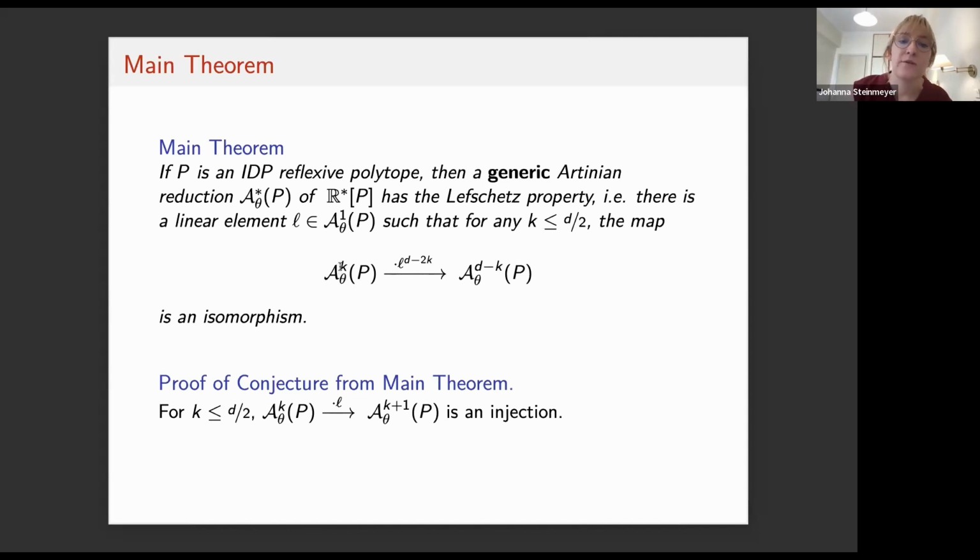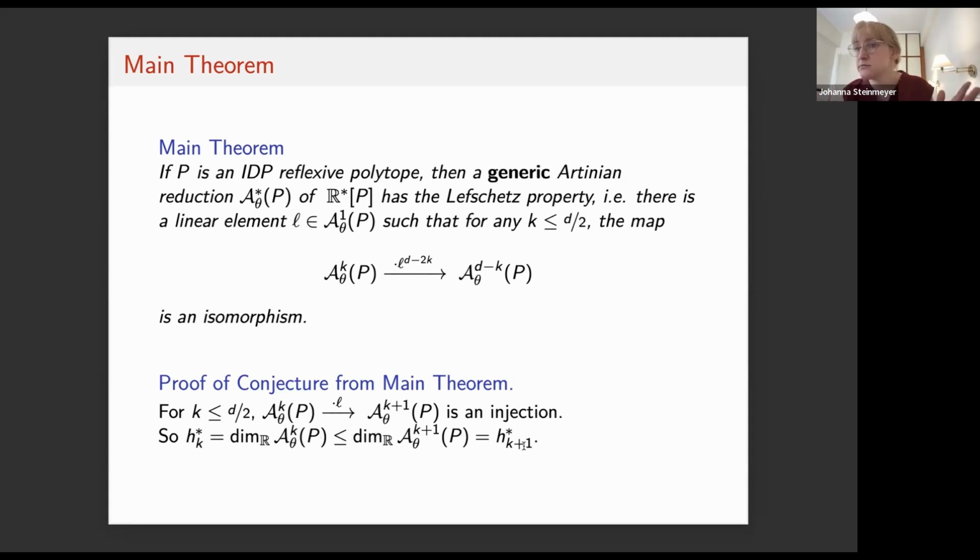Then we repeat it. We go from k to d minus k. This is an isomorphism. In particular, it's an injection. In particular, the first map in this composition from k to k+1 is going to be an injection. Okay, this is an injection between vector spaces. So we have an inequality between their dimensions. We know that hk is the dimension of this vector space. This is smaller or equal to this one.